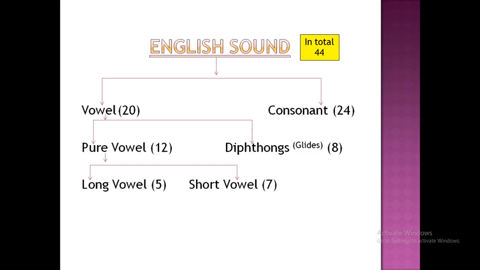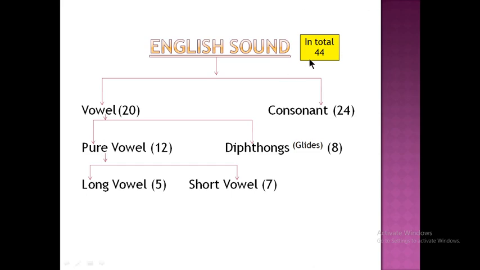We have a sound system in Hindi, a particular sound system in Japanese, in Chinese, in Korean, in Arabic, in German. There is a sound system. But as we are going through English, we will understand the sounds which are related to the English language only.